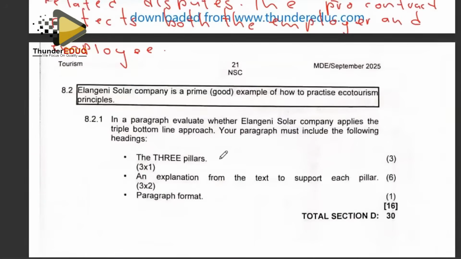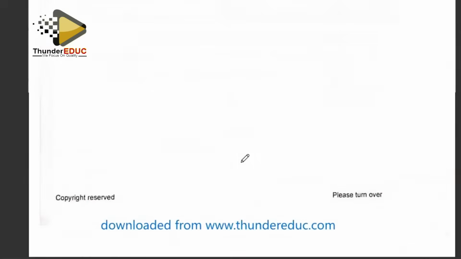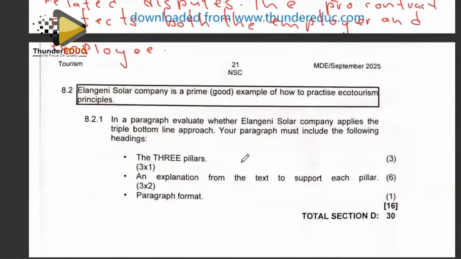So the three pillars of sustainable and responsible tourism are the three pillars. On the three pillars, basically, we have the social pillar, which is also known as the people.